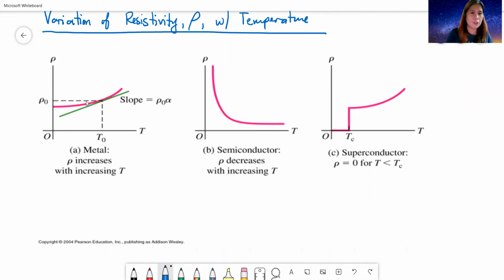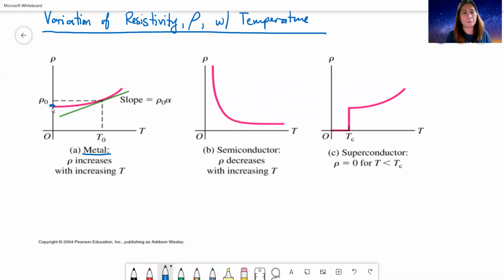So if you notice, there's an exponential increase in the resistivity as temperature increases. Below the reference temperature here, the increase in the resistivity is still not that high, because it's not too steep. At zero temperature, the material has its initial resistivity depending on its nature. This is metals.